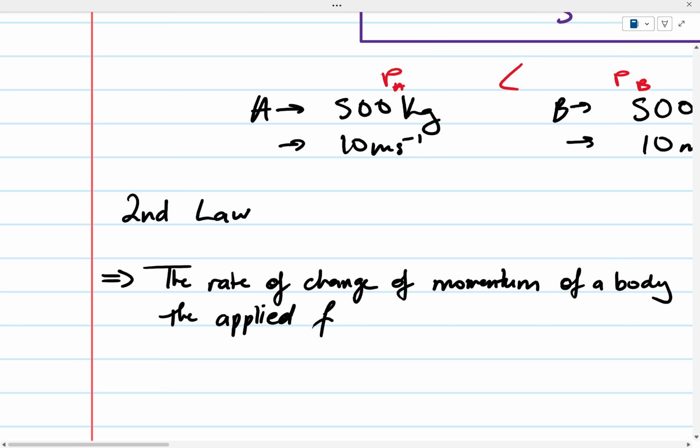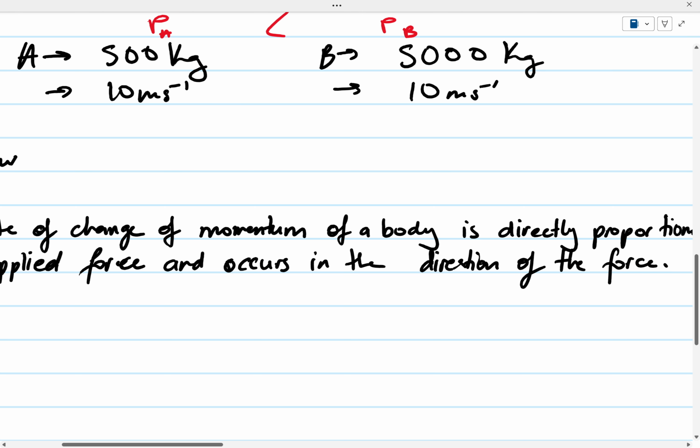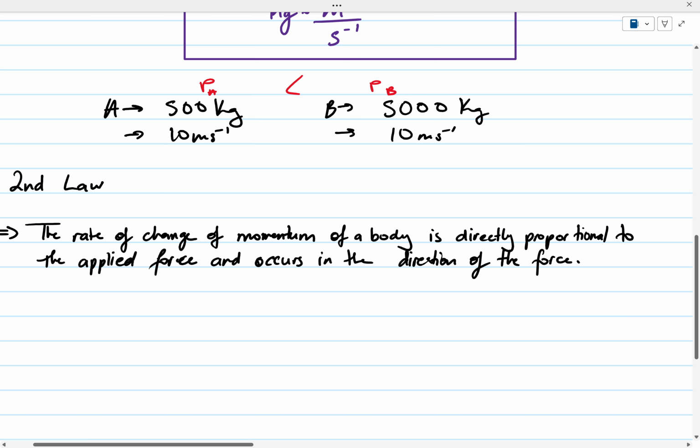So that's what we have for Newton's second law. The rate of change of momentum of a body is directly proportional to the applied force and occurs in the direction of said force.